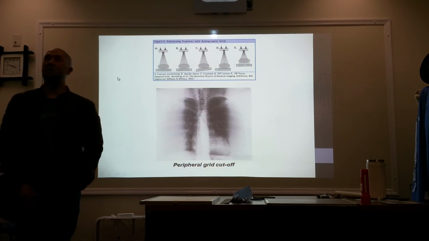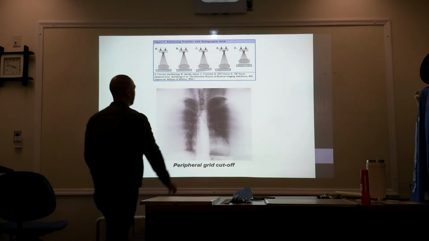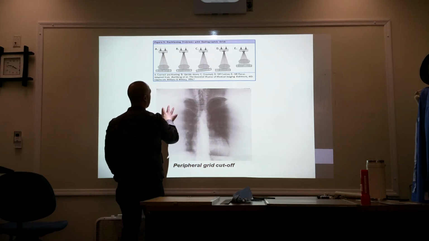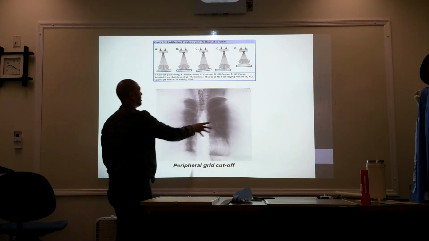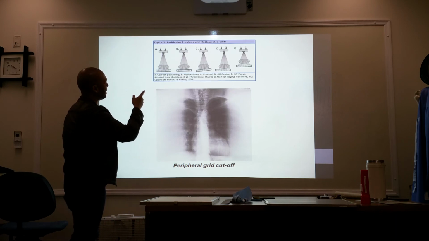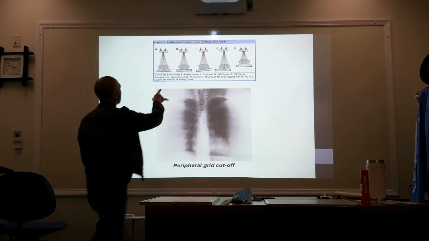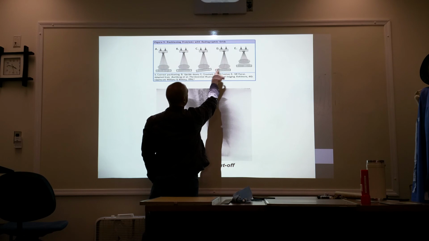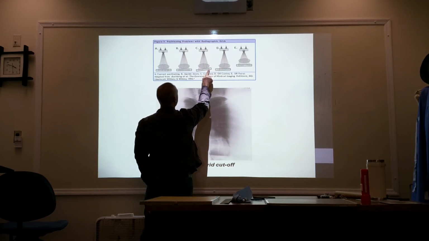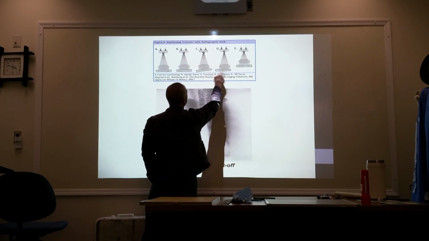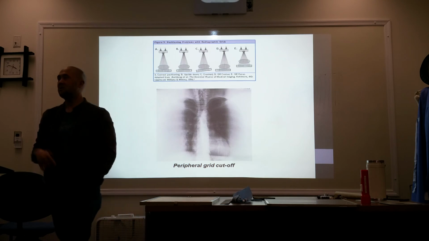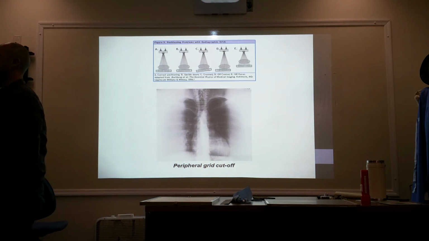Okay, here's an example of a grid cutoff. You've got perfect density in the middle, but then it's absorbing the primary radiation on the sides. Again, this can change with angulation of your beam, angulation of your grid. It can be that your beam is not centered to the grid. These are just some examples.